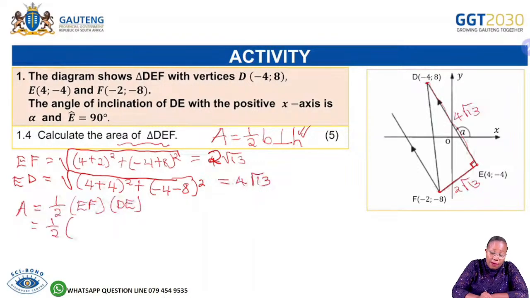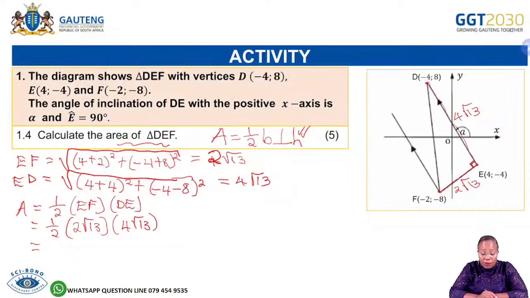And then this is half. What is the EF distance? Is 2 square root of 13, and then into 4 square root of 13 for DE. And then straight into your calculator, grade 12, to the answer. Your final answer will be 52. And then because this is an area identity, it will be unit squared there. Okay, that is the area of that particular triangle.